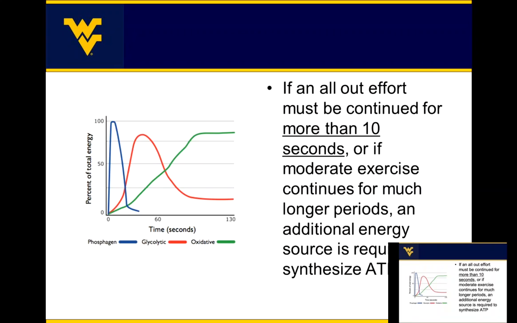You don't have to use one up to get to the next. Notice that all three systems that we are about to talk about begin at the very beginning of muscle contraction. All right, so the first system is the high energy phosphates, ATP and creatine phosphate being examples.